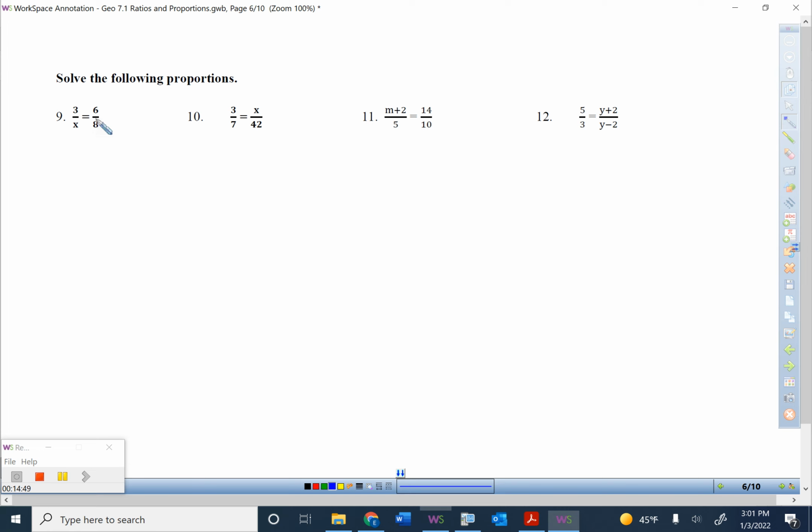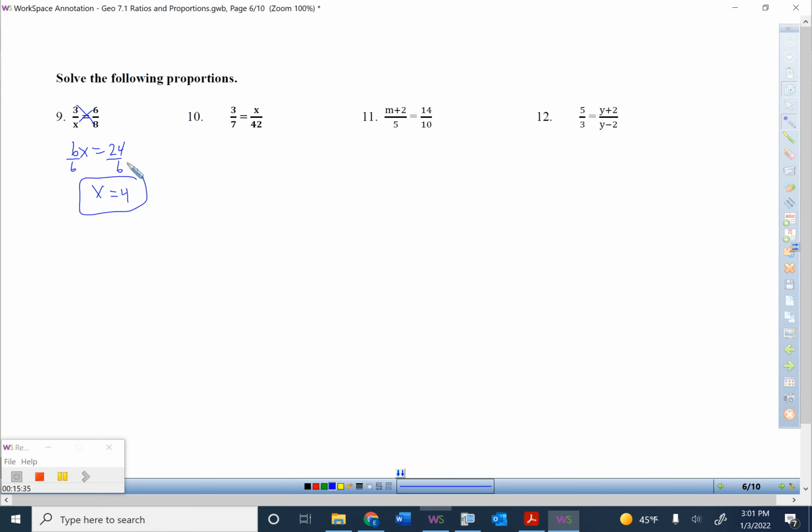Okay, so remember when we're dealing with fractions in proportions, we can go ahead and cross multiply, but we always want to start with the piece of the cross that has the variable. So I'm going to do this one first. We're taking 6 times x is 6x, and then we're going to do the other side of the cross. 3 times 8 is 24, and then we can solve that equation, dividing by 6 on both sides, x equals 4.